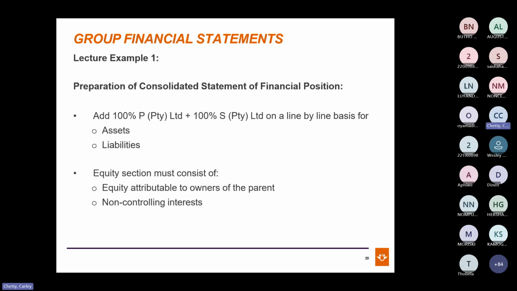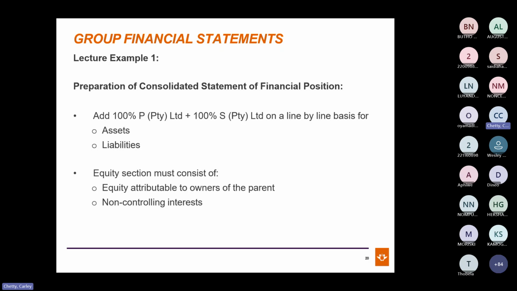So we are going to add the assets of P plus the assets of S. We're going to add the liabilities of P plus the liabilities of S. Then we're going to look at the equity section. The equity section must consist of the equity attributable to owners of the parent, and then equity attributable to the non-controlling interest.